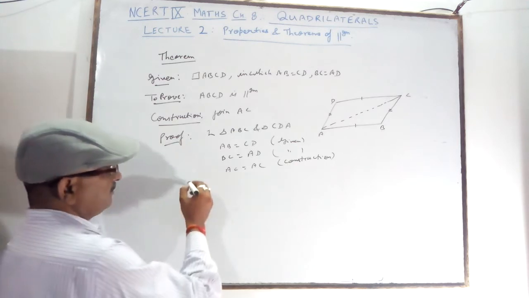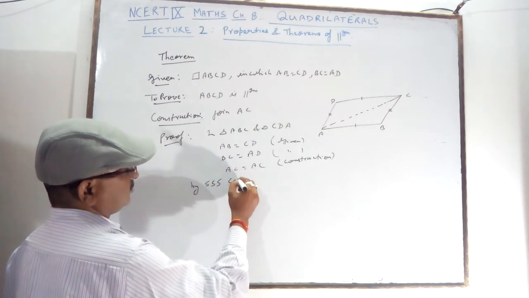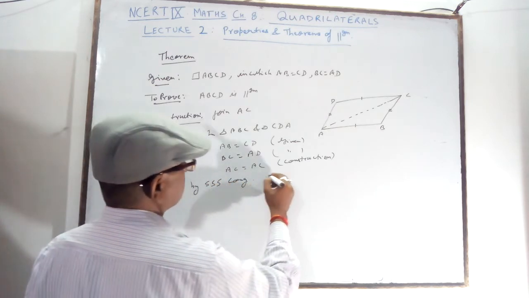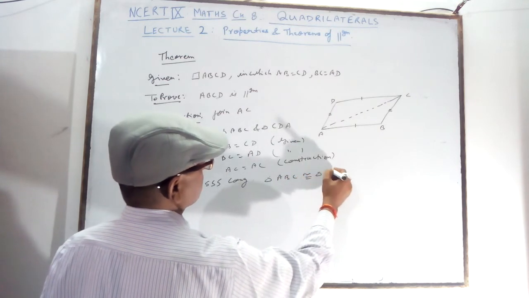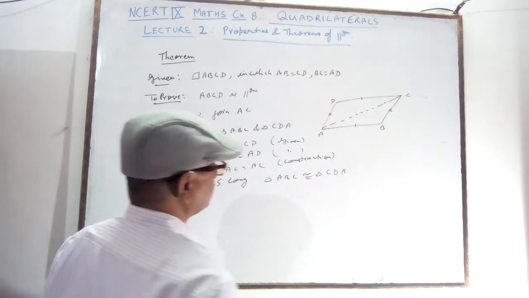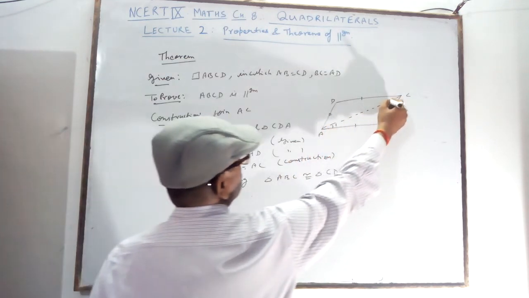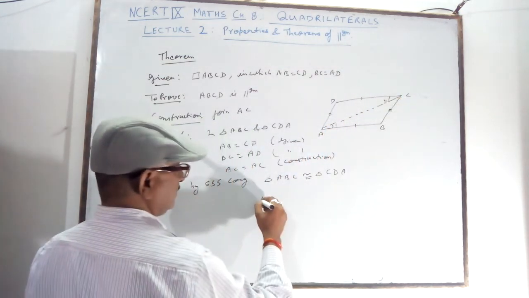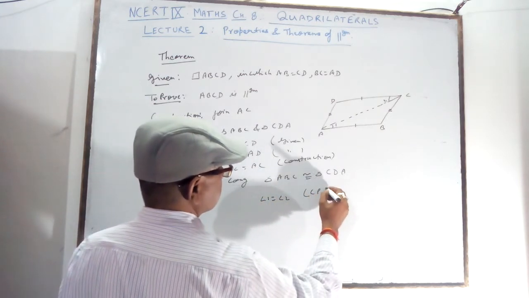So, by SSS congruency, triangle ABC is congruent to triangle CDA. If it is congruent, then what about angle 1 and 2? Angle 1 is equal to angle 2 by CPCT.